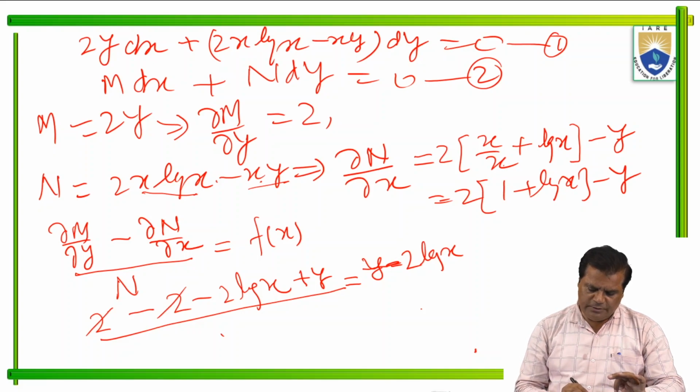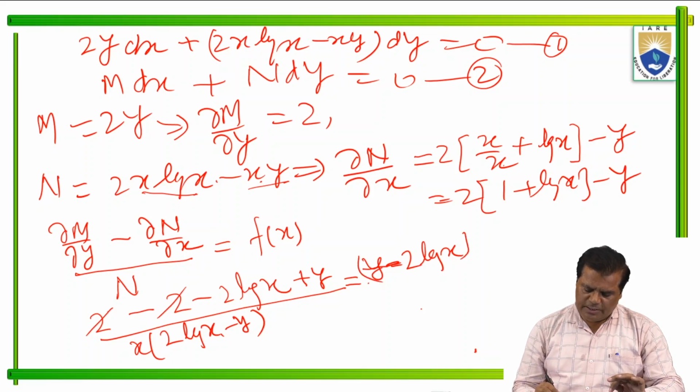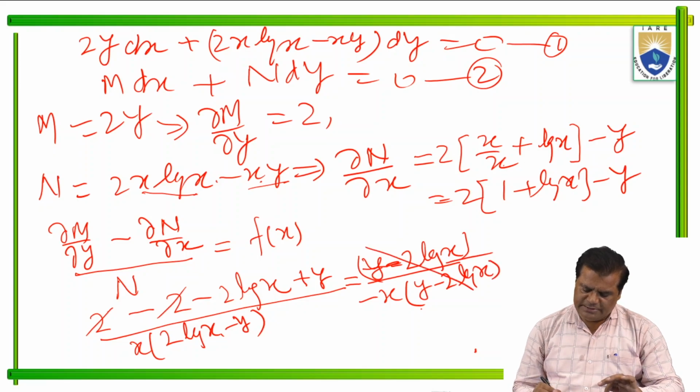N is 2, x is common, 2 log x minus y, correct. So here it is upon minus x and y minus 2 log x. So this result is cancelled. Here it is only minus 1 upon x only.